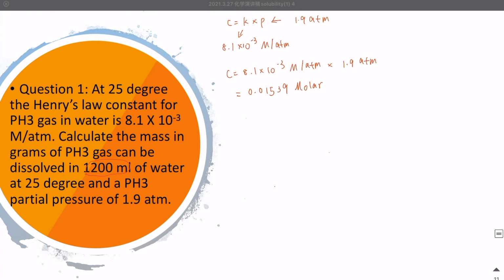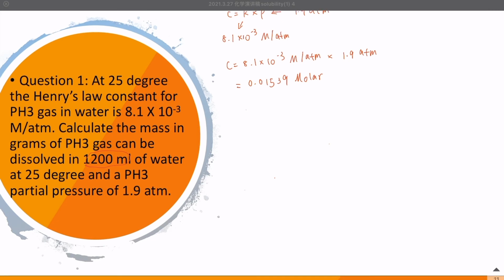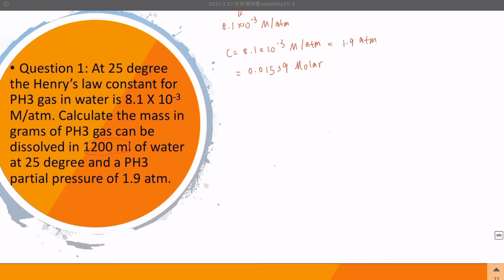Because we have 1,200 ml of water, which means we have 1,200 ml of solution. We want to know the mass in gram in 1,200 ml of solution. So we use molarity to find mole. We need to have volume in liter.